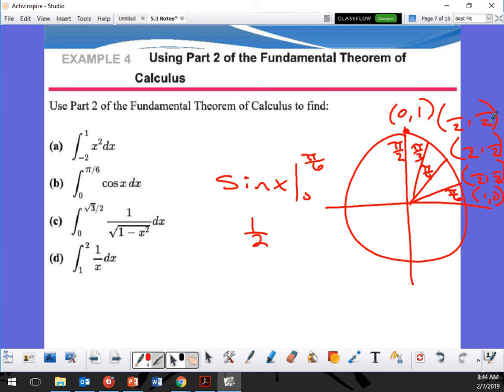From 0, it goes 1, rad 2, and then rad 3. And this one would technically be rad 4, but what is the square root of 4? 2. So it would be 2 over 2, which gives me just 1.